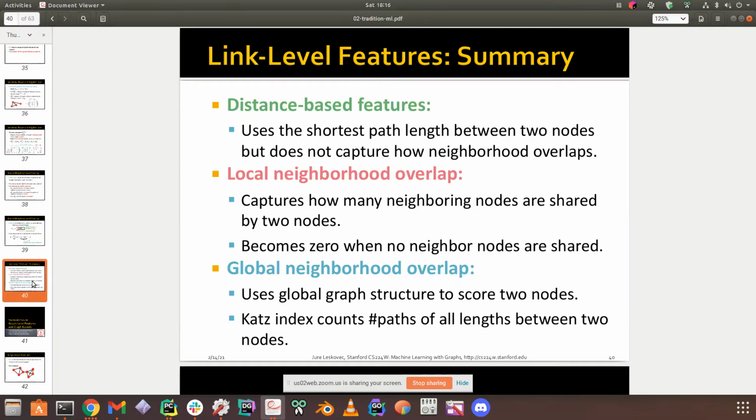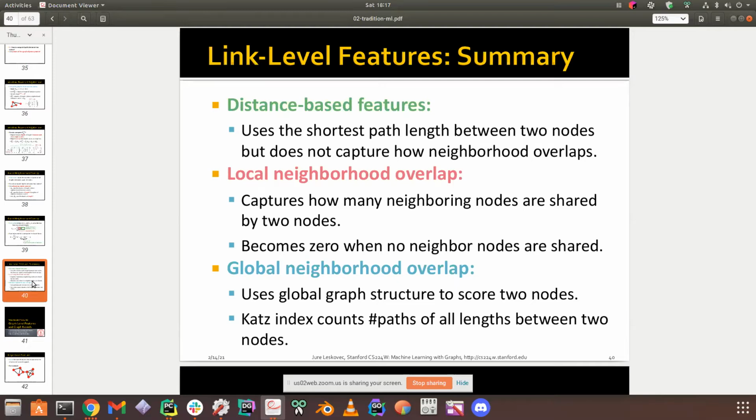But if your graph evolves over time, and the two nodes are not currently sharing a neighbor but are very likely to share one in the future, this doesn't capture it. And then the global neighborhood overlap feature, which uses the whole graph structure to score the two nodes.